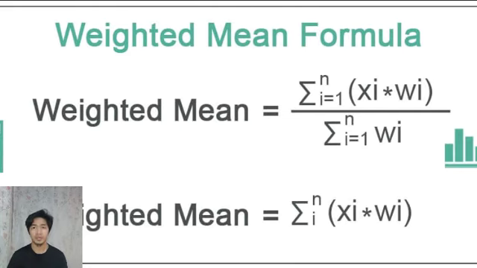So how are we going to calculate the weighted mean? To calculate the weighted mean of a certain data, we need to multiply the weight associated with a particular event or outcome with its associated outcomes and finally sum up all the products together.